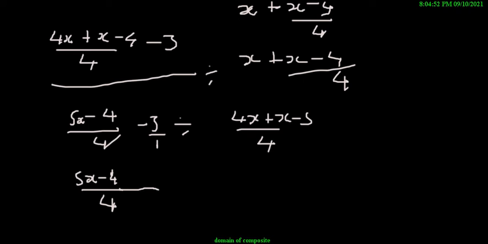Then 4 times 3 is 12, so we have 5x minus 4 minus 12, all over 4, and then we multiply by 4 over 5x minus 5.